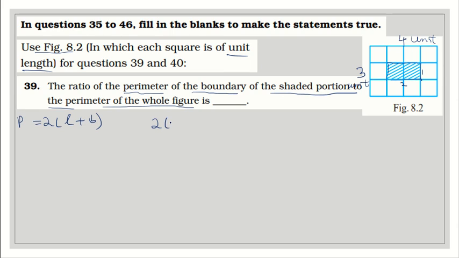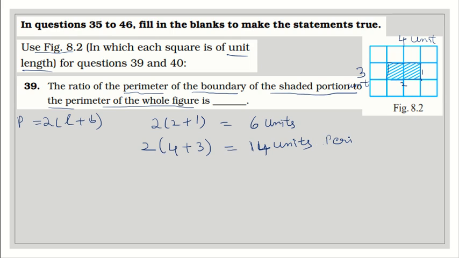So 2 times (2 plus 1), which is nothing but 6. So 6 units is the perimeter of the shaded portion, whereas for the whole figure, length is 4, breadth is 3, 2 times (4 plus 3), which is 2 into 7, 14 units. 14 units is the perimeter of the whole figure.